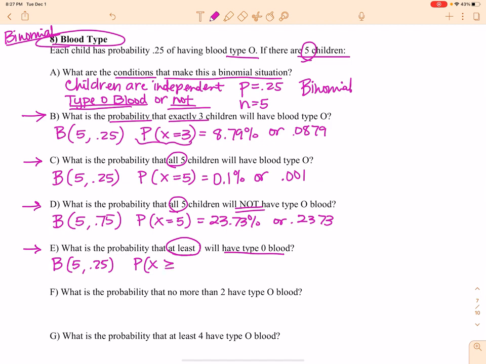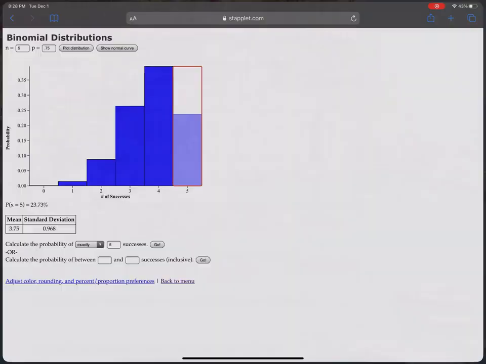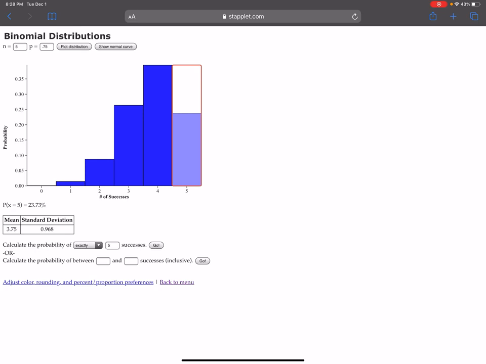So that means it's going to be greater than or equal to 1. And then I'm going to use some more communication here to indicate that I know what's happening. So in other words, this is the probability x will equal 1, 2, 3, 4, 5. Okay, all of those.